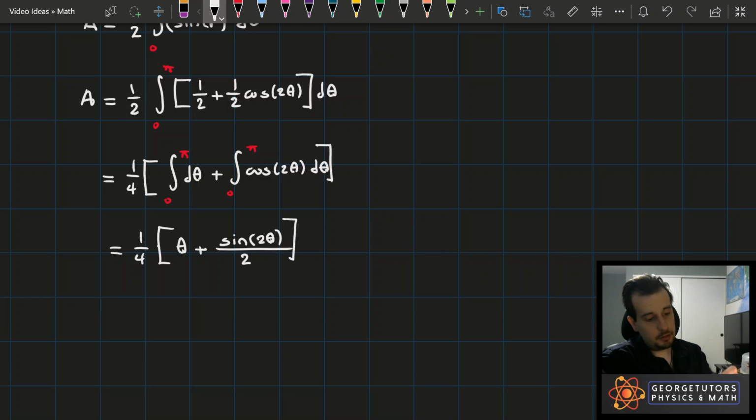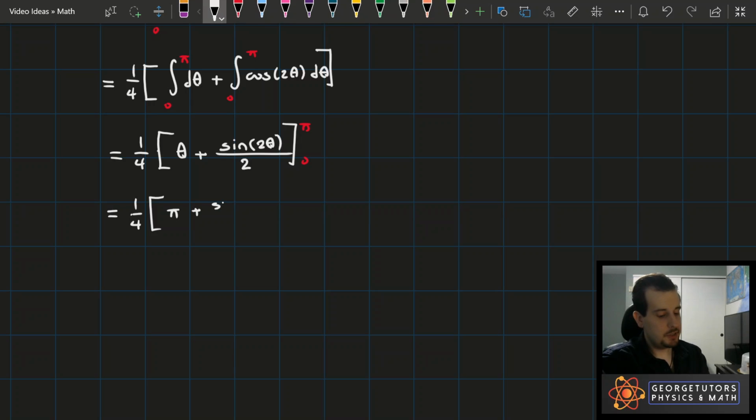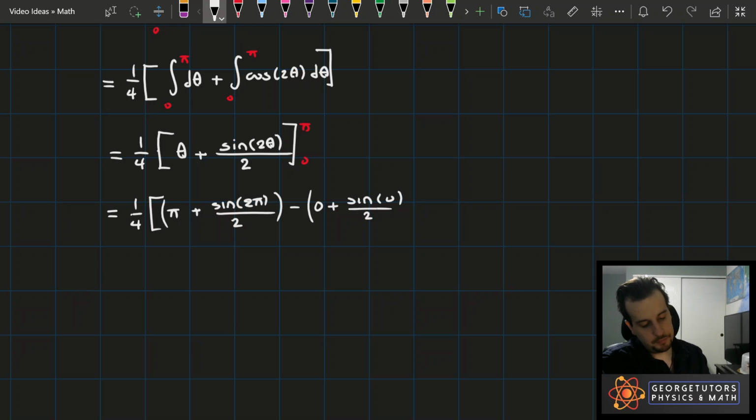And we're evaluating this from 0 to pi. So again, we're going to put in our values for the integrand. We've got pi plus sine of 2 pi over 2, and then we would be taking away 0 plus sine of 0 over 2.